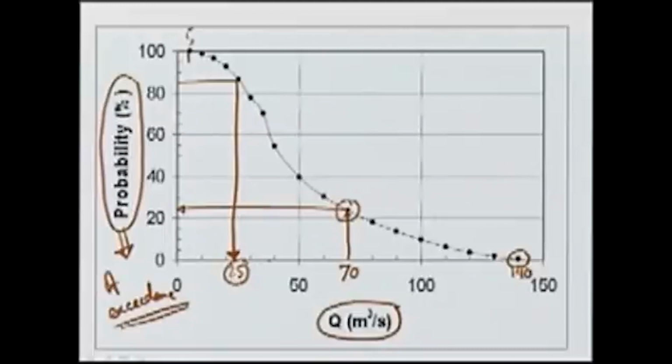So, if we design something based on a design value of 25 meter cube per second, then it is likely that 85% of the time the discharge will be more than that. So, this gives us an idea about how much flow is available in a river.